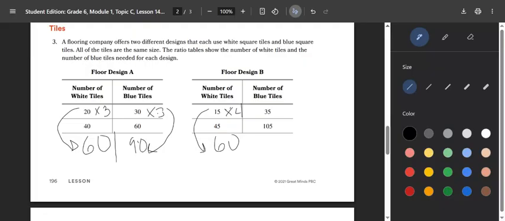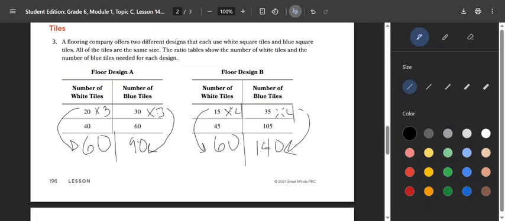So an equivalent ratio for the number of white tiles to the number of blue tiles in floor design A is 60 to 90. Go back to B, make your equivalent ratio there by multiplying by 4. Because you multiplied 15 by 4 to get 60, you have to multiply 35 by 4, and that's going to give you 140.